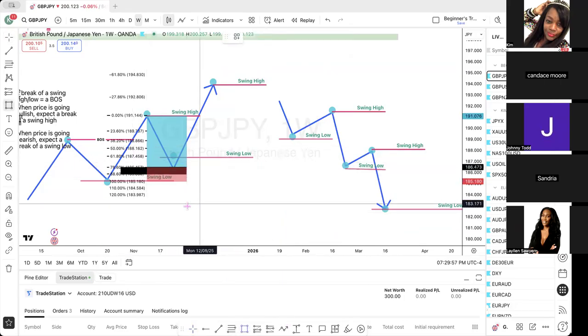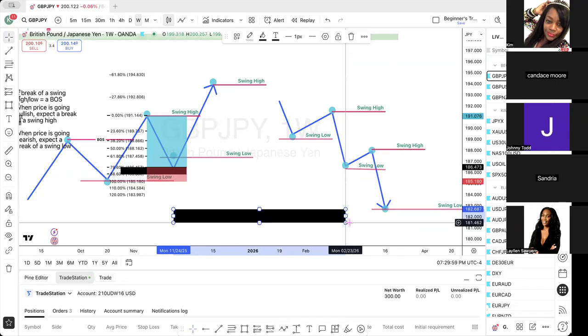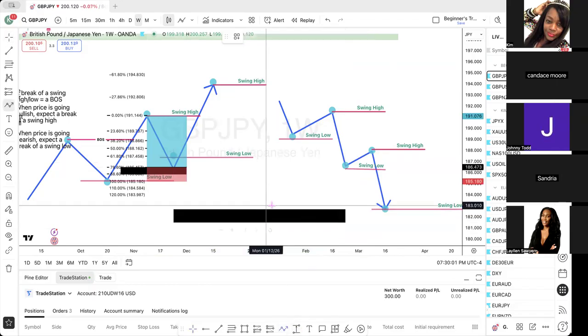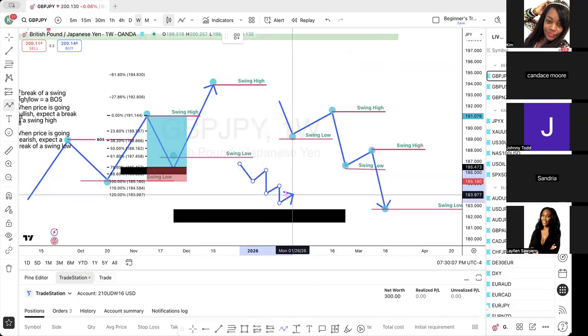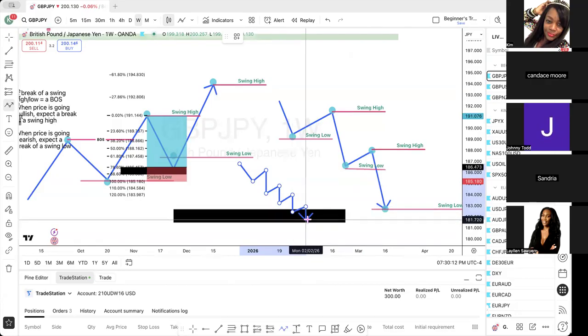Let's just say I'm gonna draw this zone down here. Okay. So if you're gonna wait for price, price is pushing down into this zone. And it pushed down into this zone, and you had a break of structure. So once you get the break of structure, remember, this is your swing high and this is your swing low.